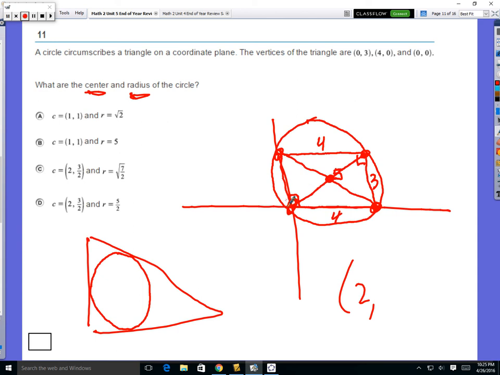It's going to be halfway between here, up 1.5. So I can kill A and B. It's either C or D. And the radius, if I go from the center of here to the circle, since that diagonal is 5, this is going to be 2.5. And that's the same as 5/2, so we're going with D.